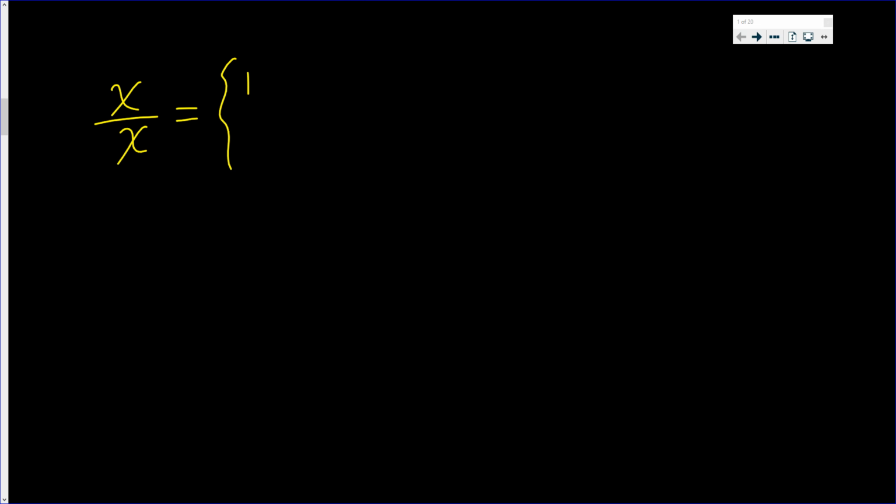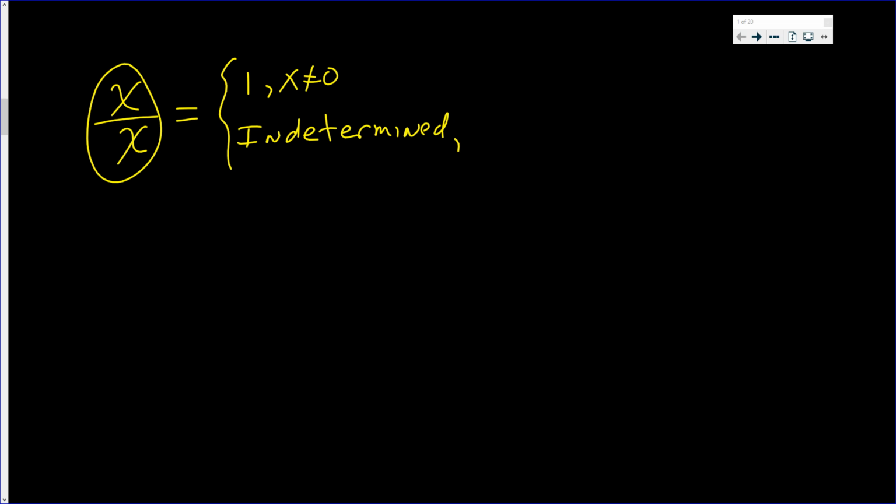Usually it's 1, but there's at least one time where it is indeterminate. As long as it's not 0 over 0, you divide the same two numbers, you get 1. It's going to be 1 when x is not 0, and it's going to be 0 over 0 when x is 0.